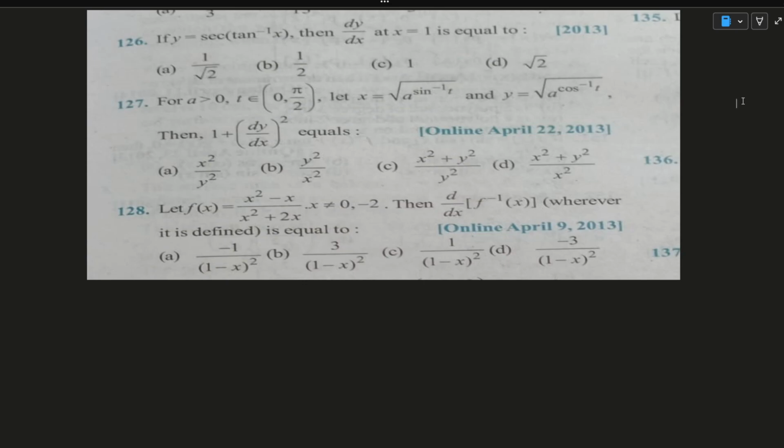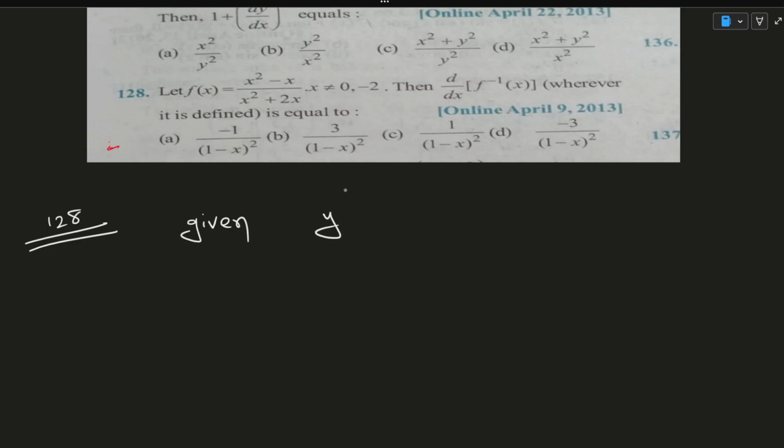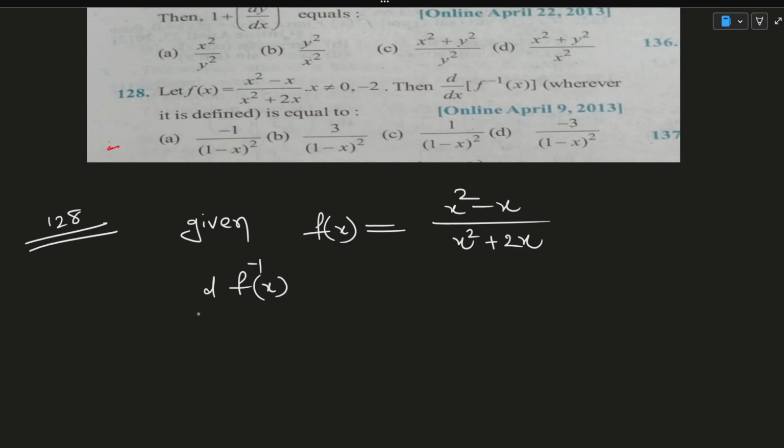So clearly we are given here, 128. So here we are given f of x is equal to (x square minus x) by (x square plus 2x), and we have to differentiate the inverse of f, f inverse x.